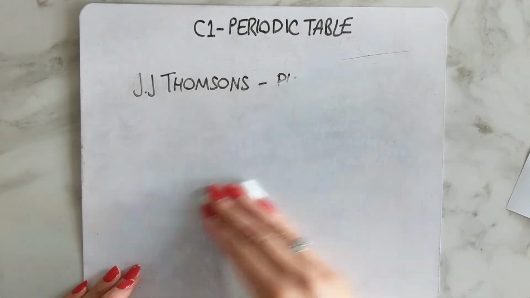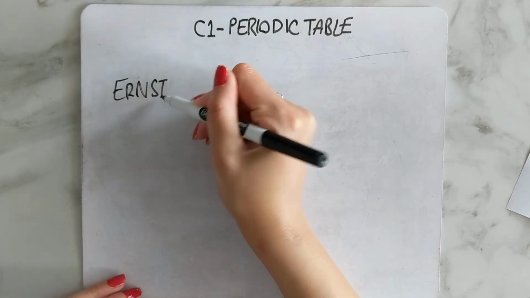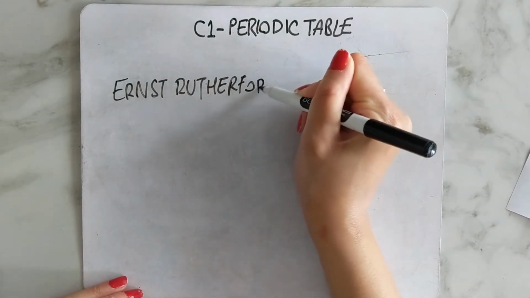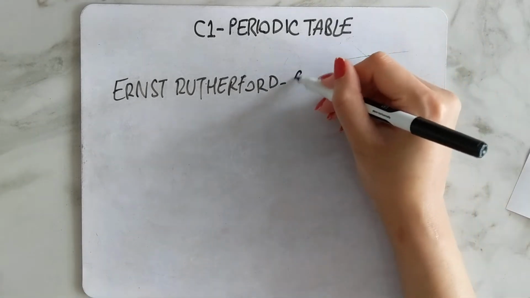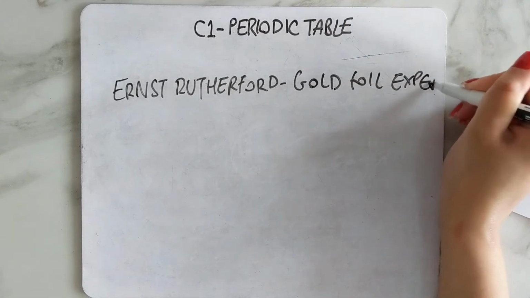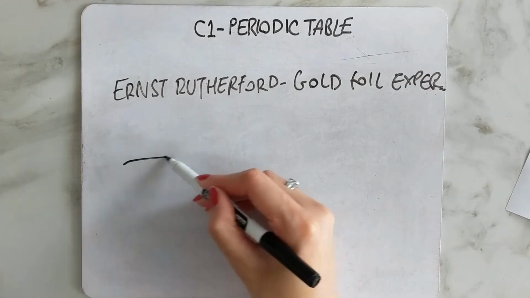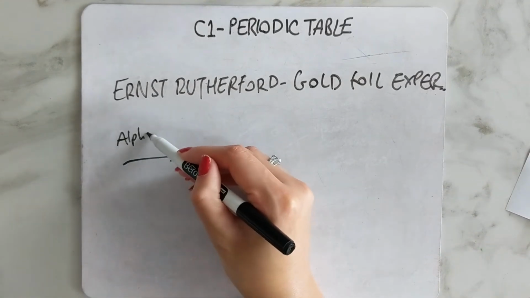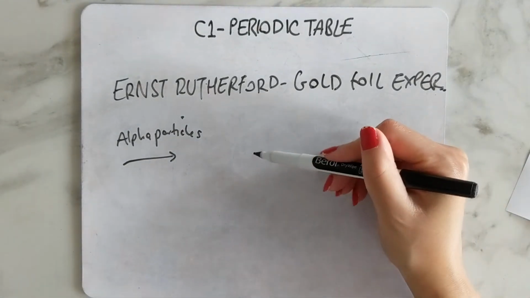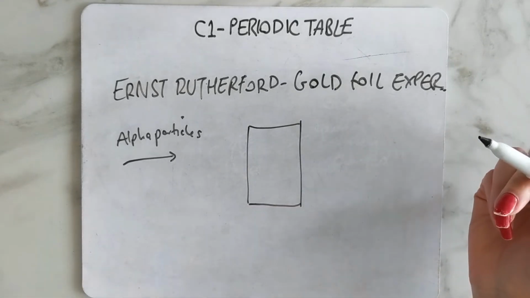But then somebody else called Ernest Rutherford came along and did an experiment called the gold foil experiment. So what he did was he shot a beam of alpha particles, so just very tiny particles, at a piece of gold foil, which contained gold atoms.